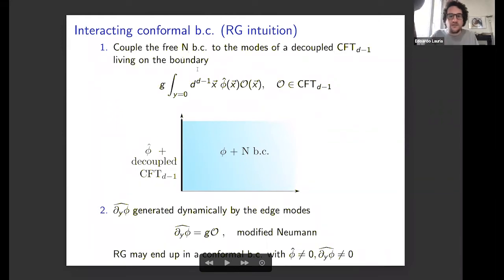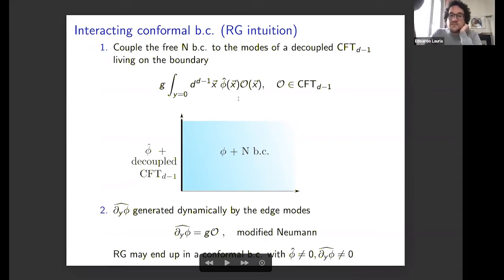So imagine, for example, you take a Neumann boundary condition for the free scalar, which means that if you push phi to the boundary, you are left with this boundary mode that I called phi hat. Of course, imagine there exists some decoupled d-1 dimensional CFT that lives at the boundary, and this theory has an operator called calligraphic O. So you can just imagine turning on a coupling between these two sectors. This is a coupling along the boundary. And now what happens?